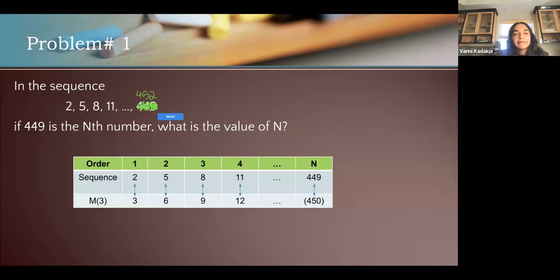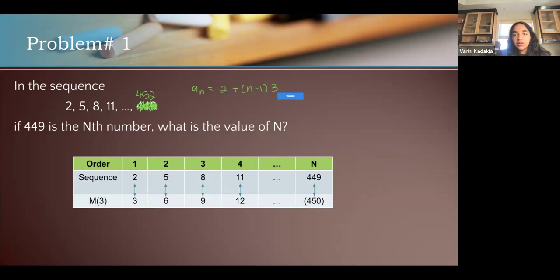How would I find what the position of 452 is? So what's the formula we would use? So we get a of n equals 2 plus n minus 1 times 3, right?